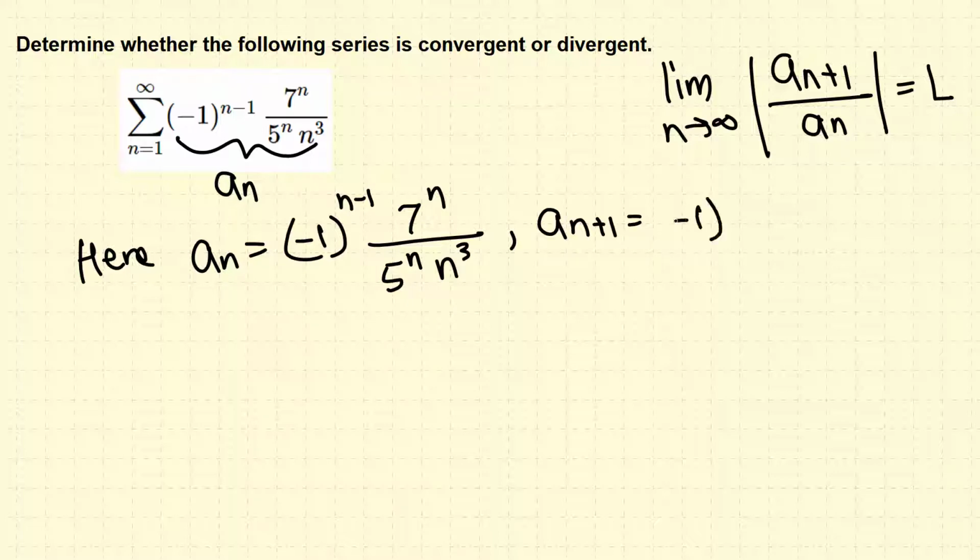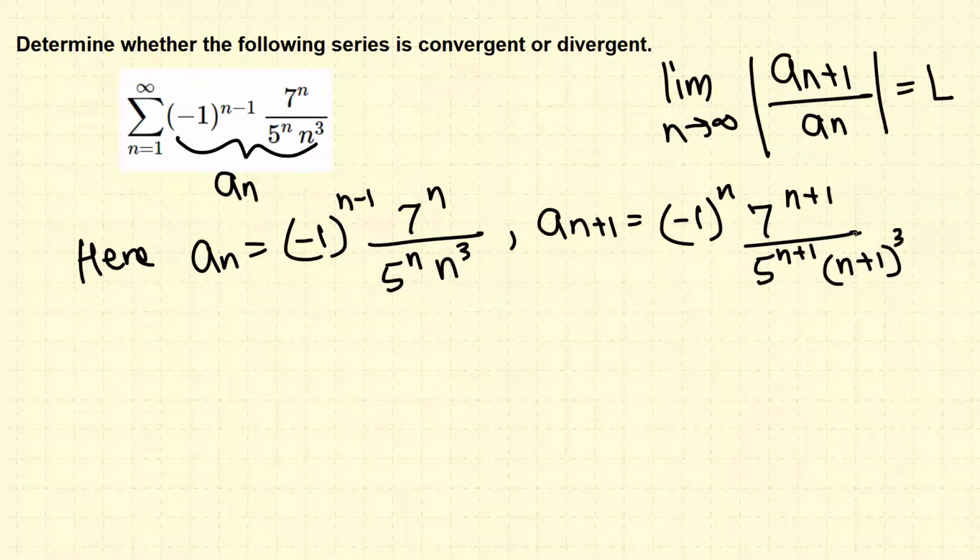So this is -1 raised to n plus 1 minus 1, which is just n, times 7 raised to n plus 1 all over 5 raised to n plus 1 times n plus 1 cubed. Okay, an plus 1 is pretty much an with n replaced by n plus 1.